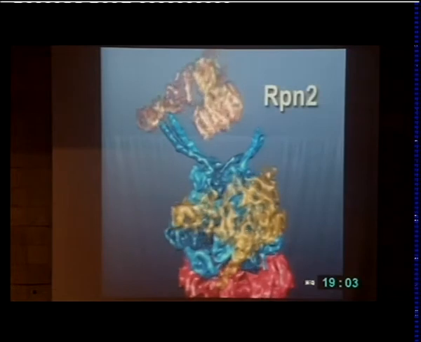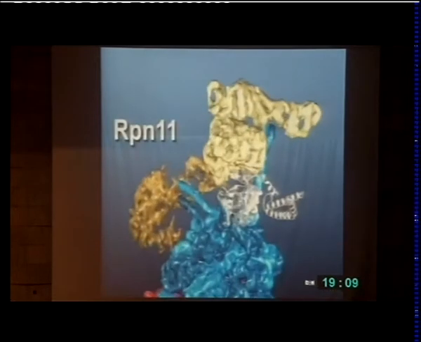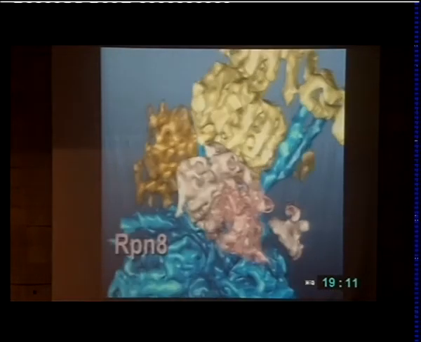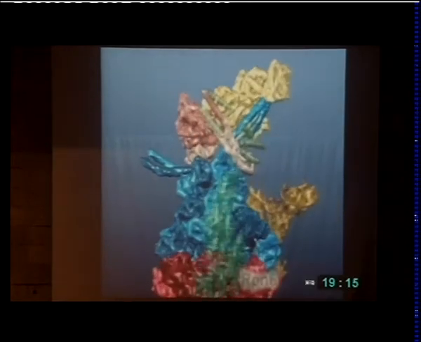That is a refined structure of RPN1, now docked to the side of the AAA ATPase. That is where RPN2 is sitting. This is now the crystal structure of RPN8 and 11 docked into it.